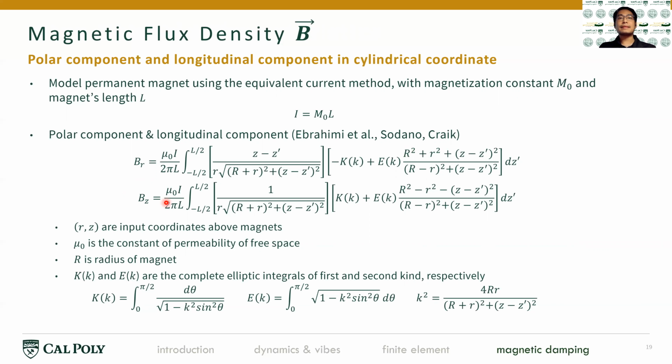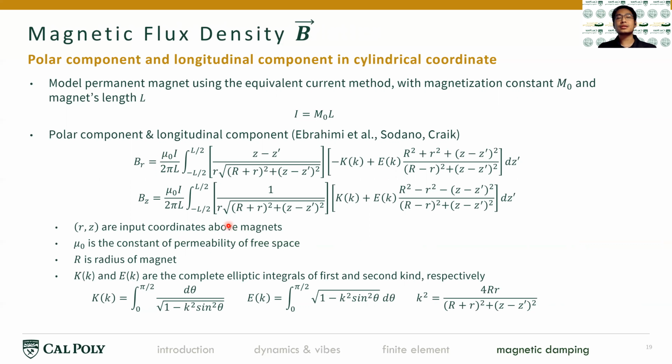In these equations, the inputs are r and z, which are the input coordinates to be used in the equation. These coordinates are above the surface of the magnet. Mu0 is the constant of permeability of free space, so that's a constant.